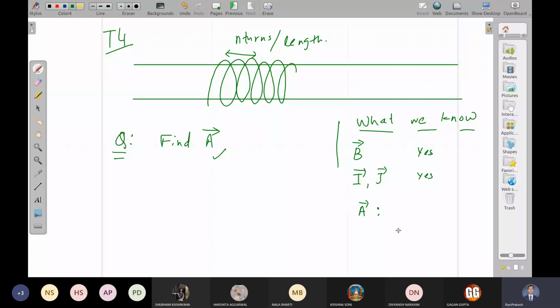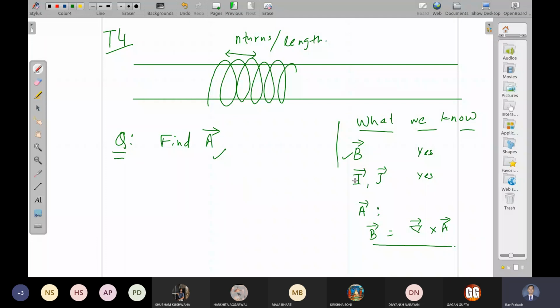Right? So one possibility is to find the magnetic field, which you can calculate, and using this formula, you calculate the vector potential.